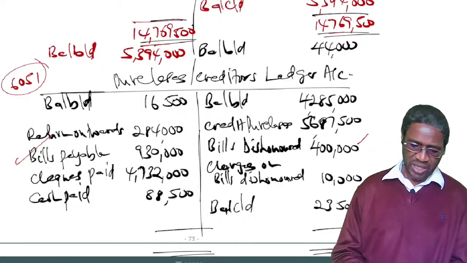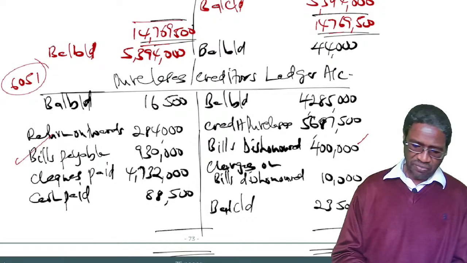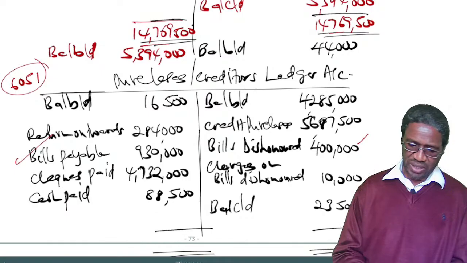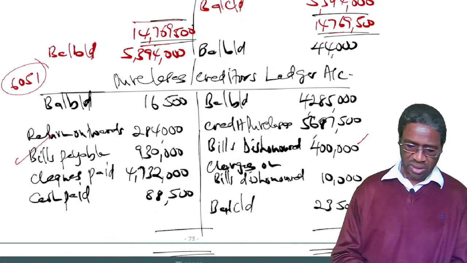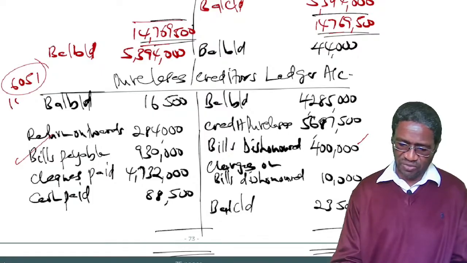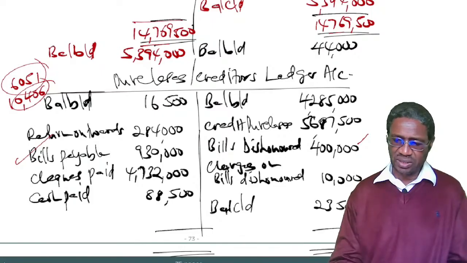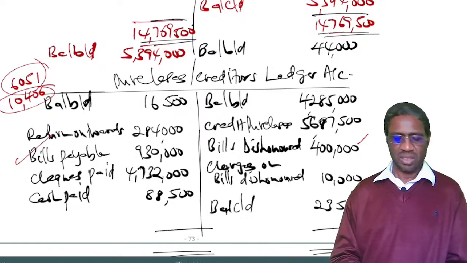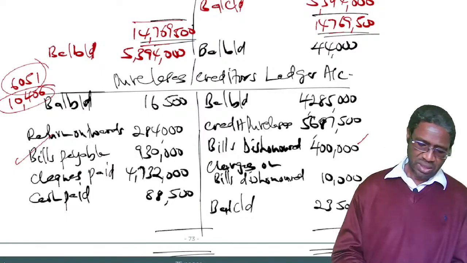4285 plus 5687.5 plus 400 plus 10,000 plus 23,500. I'm getting a total of 10,406. I minus 6051.